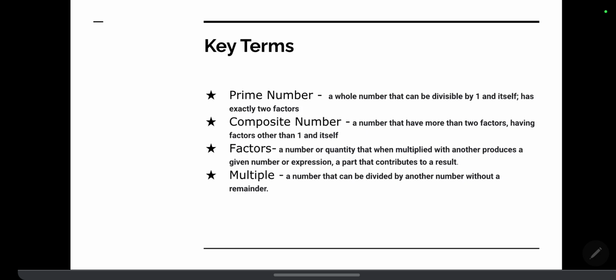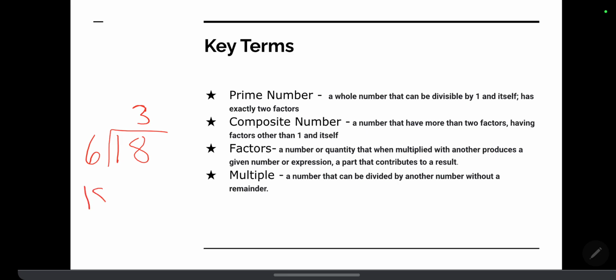By definition, a multiple is a number that can be divided by any other number without having a remainder. So if I was to take 18 and divide it by, not 16, let me back it up here. If I was to take 18 and divide 18 by 6, then we would have 3.